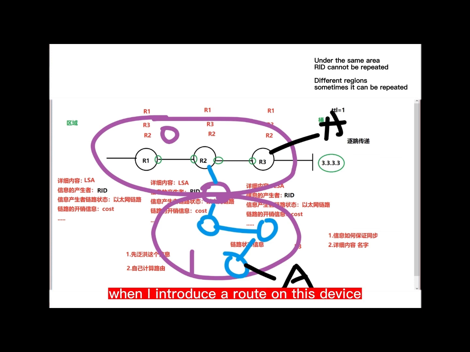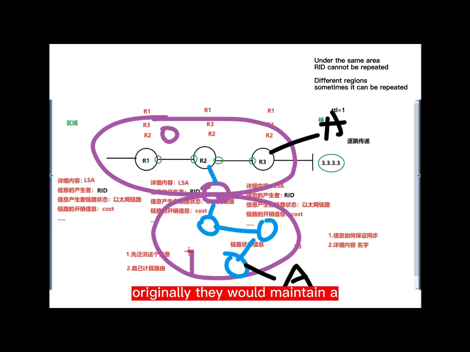Originally each would maintain its own database, and the contents of the calculations do not interfere with each other. The two of them ultimately do not need synchronous routing. How is data forwarding performed in the end? There will be a default route here, which you will learn at the NP stage. But I tell you, there will be problems when this is repeated. In this case it can actually be repeated.